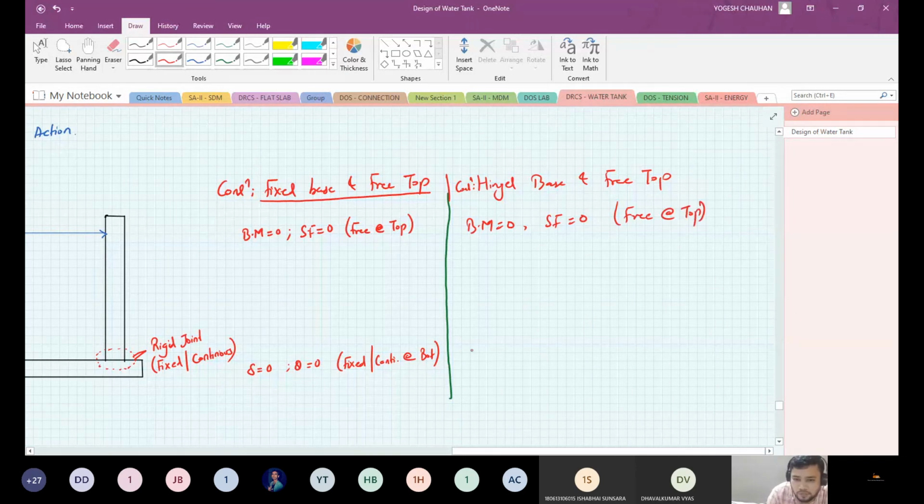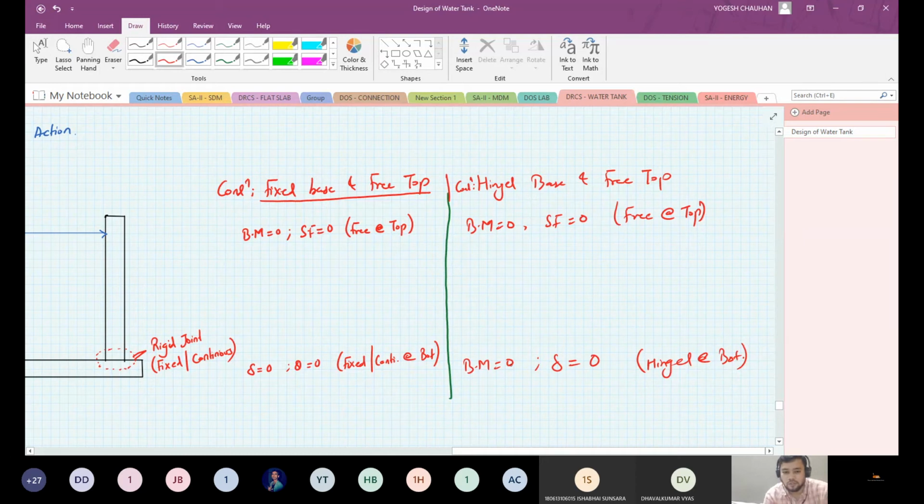Now at the base, since it is a hinged joint, hinged at bottom, the bending moment is equal to zero, and your deflection is also equal to zero.